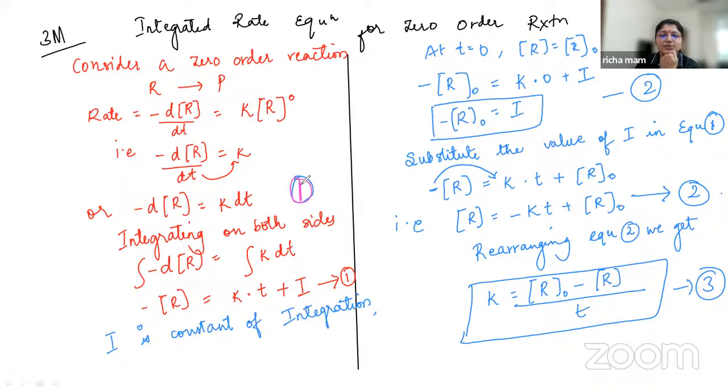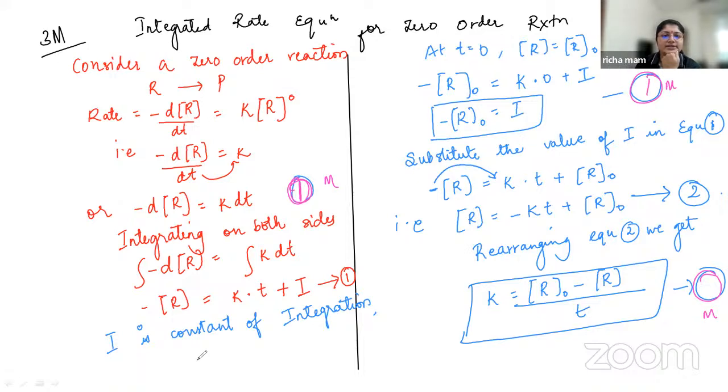Let me explain one more time. So here 1 mark, here 1 mark, and here 1 mark. Up to here, if you write, it will be considered as 1 mark.